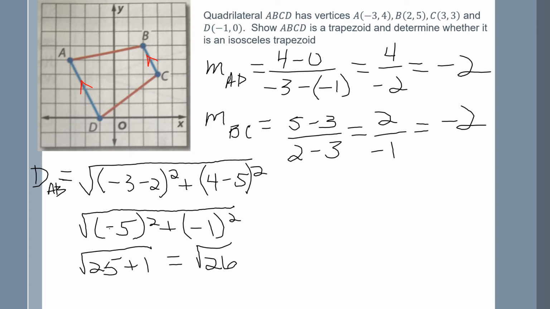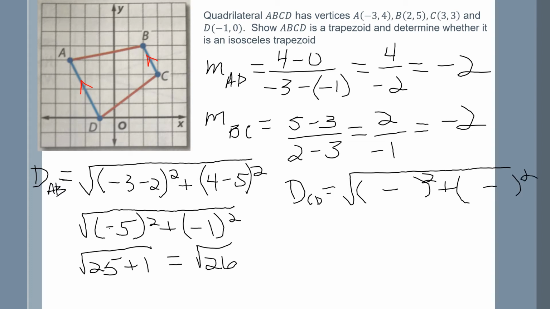Next we're going to find the distance of CD, which is the square root of the x values subtracted and squared, plus the y values subtracted and squared. It doesn't matter which one you do first, x or y.